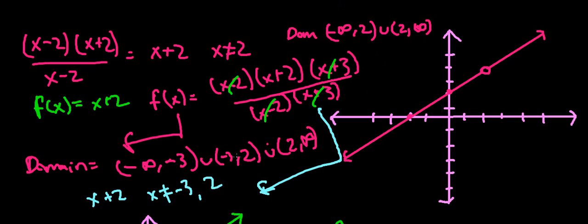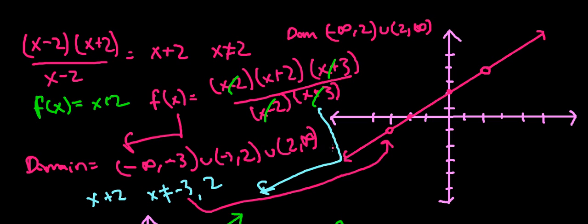So the graph would look exactly like an x plus 2 graph, like this one, except we would have an additional hole where x is equal to minus 3, so that would be right here. Yeah, there we go. I don't know why it didn't work the first time. So the graph of this would look like this. There would just be an additional hole for the minus 3.